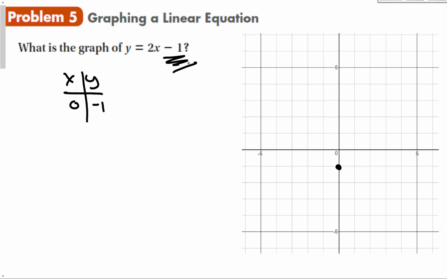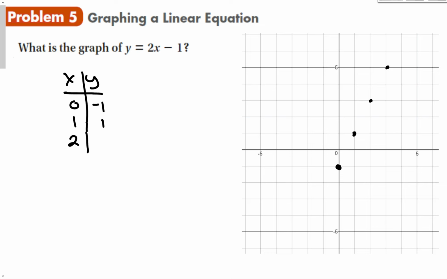But the easier method is to use the slope, which is 2 over 1, which means up 2, right 1, up 2, right 1. And if we were to plug 1 into this function, I would get 2 times 1 is 2, minus 1 is 1.